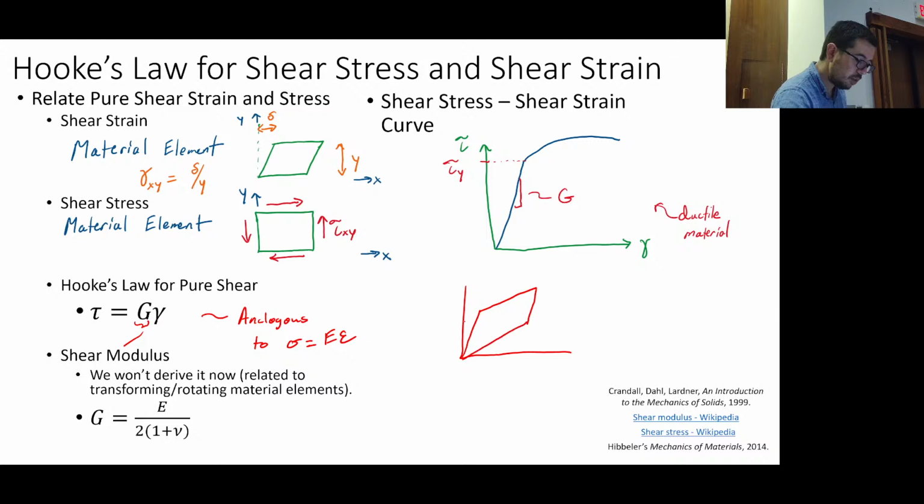And these angles here, although they're not equal, these angles would be the gamma over 2. So if you look at different texts, you're going to see that's actually more how they think of the shear strain.